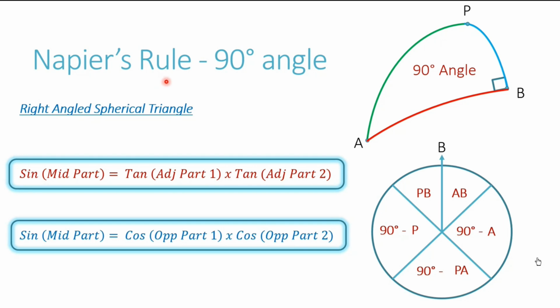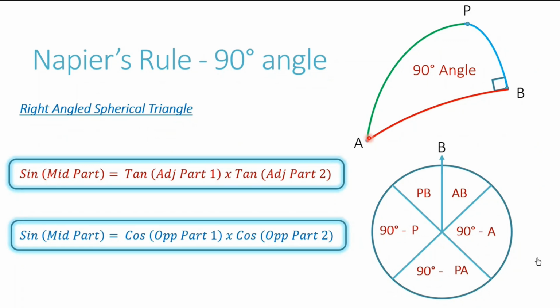I will repeat once again. In a special spherical triangle, if you know any two parts, it could be two sides, it could be two angles, it could be one side and one angle, you can find out any of the remaining parts using Napier's rules. So this is the basic philosophy or concept behind Napier's rule.